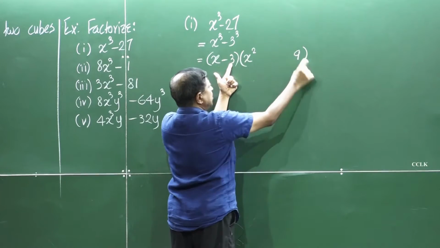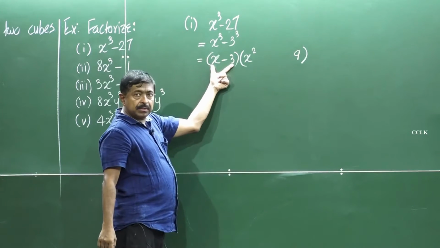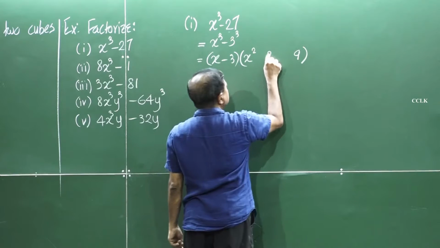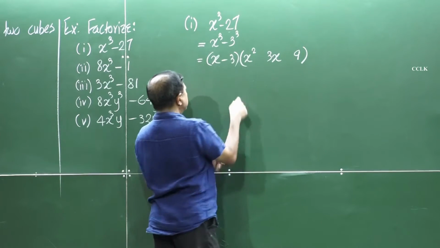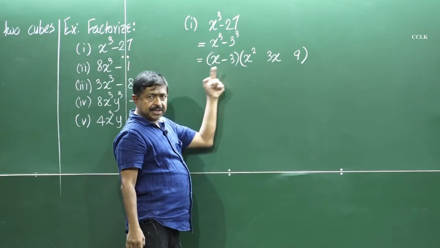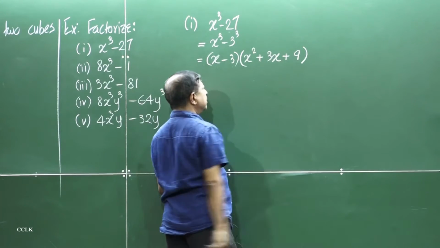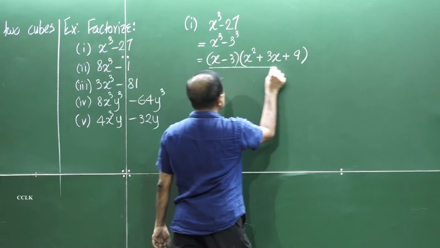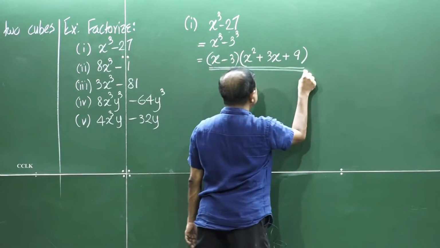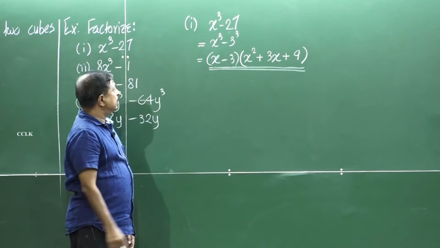Square this. You get 9 and get the product. Product is 3x. Since the sign has changed in the first factor, you keep the sign intact without changing it. So everything should be positive there.